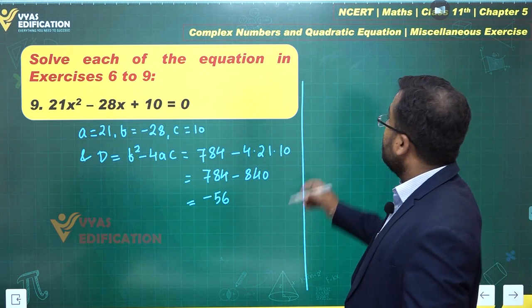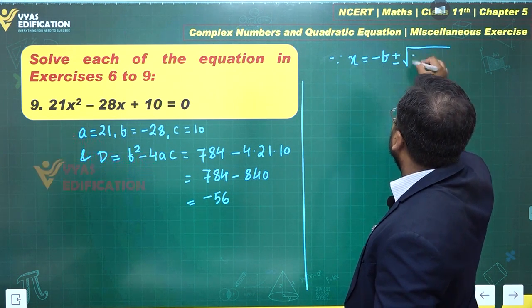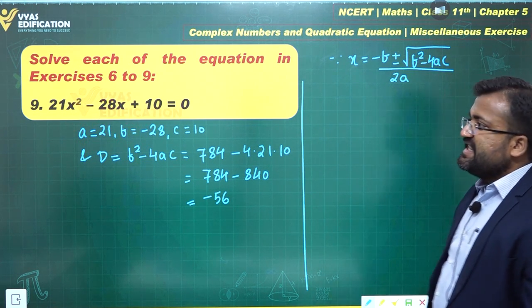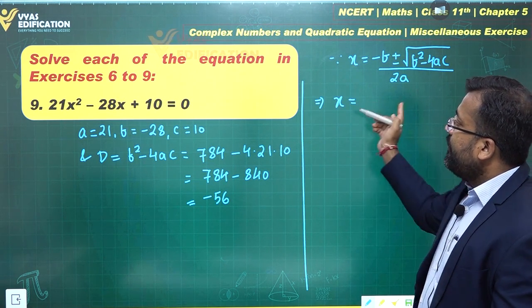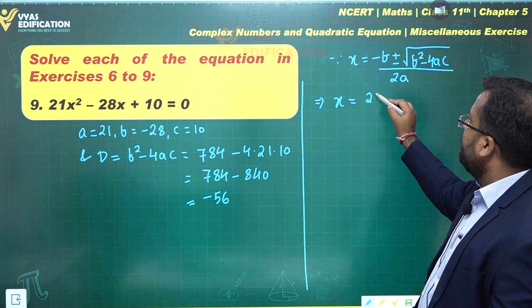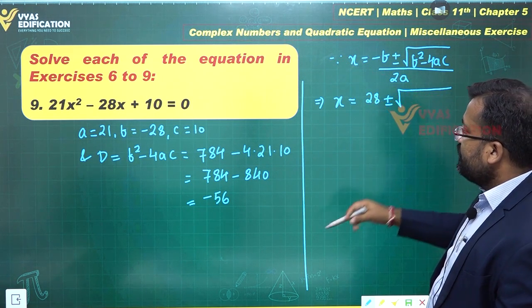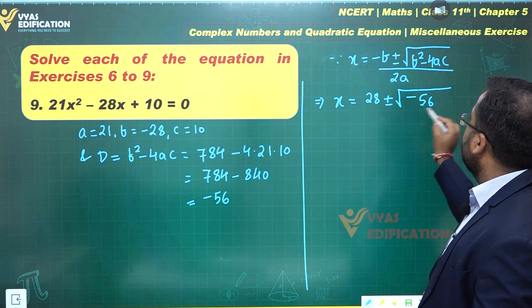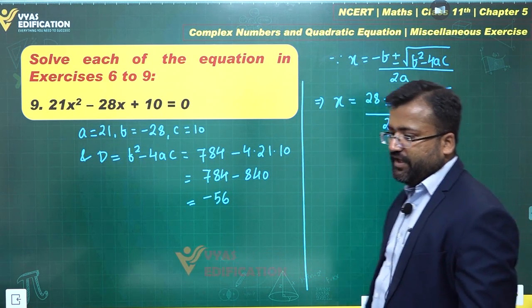Let's use the Sridharacharya formula now. Minus b plus minus square root of b square minus 4ac over 2a. Since x is equal to this, therefore minus of b would imply minus of minus 28. This is 28 plus minus under root of b square minus 4ac, which is completely solved and found to be minus 56, over 2 times a, which is 2 times 21 in the denominator.